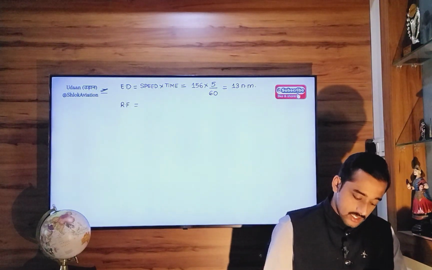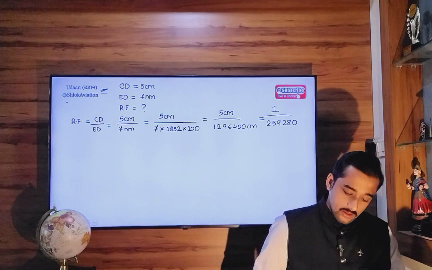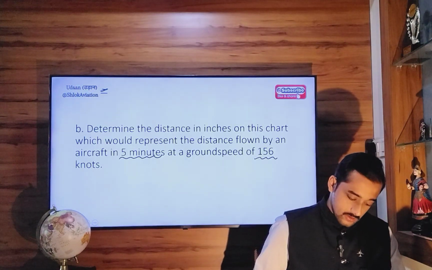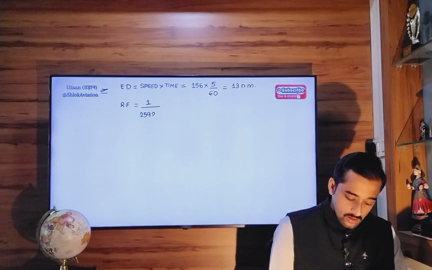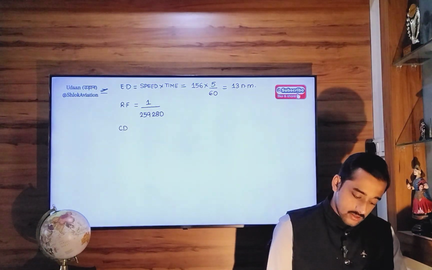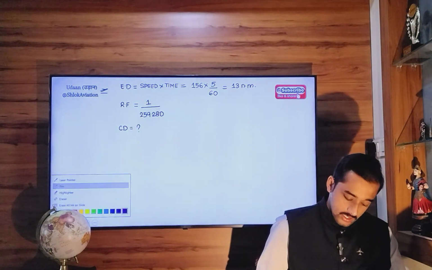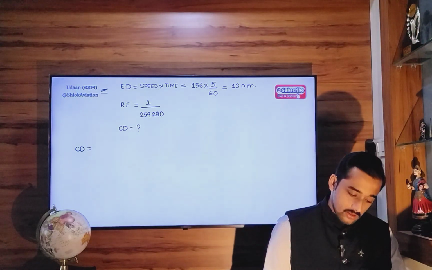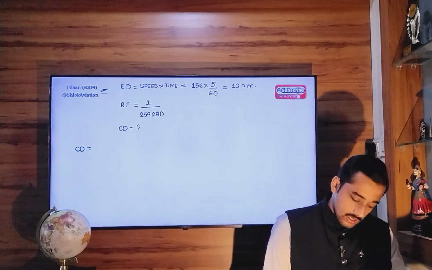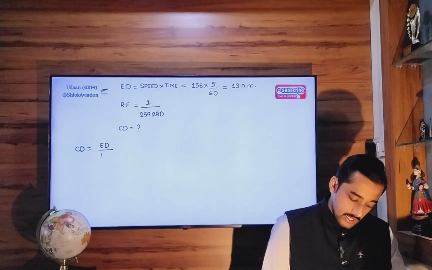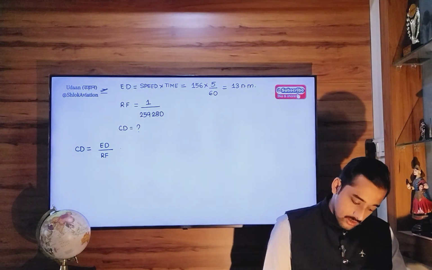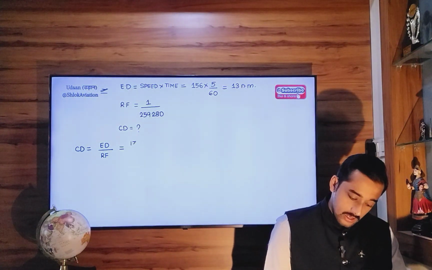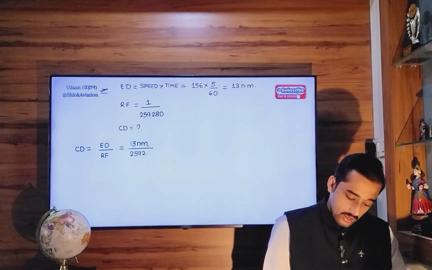Representative fraction is 1 divided by 259,280. And now chart distance. So chart distance equals, after cross multiplication, earth distance divided by representative fraction. Okay. So earth distance is 13 nautical mile. We divide by 259,280.